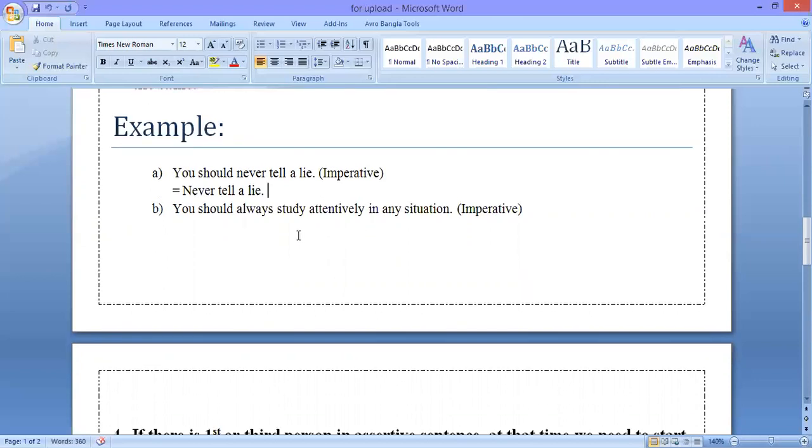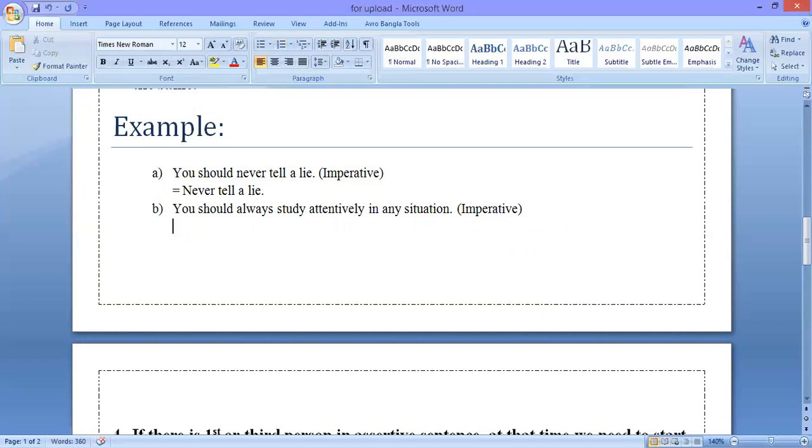If you look at example 2, we can see that you should always study attentively in any situation. Here we can see there is always in the assertive sentence, and if you want to make this imperative, we shall have to bring always at the beginning of the sentence. After that, we shall have to bring the main verb.